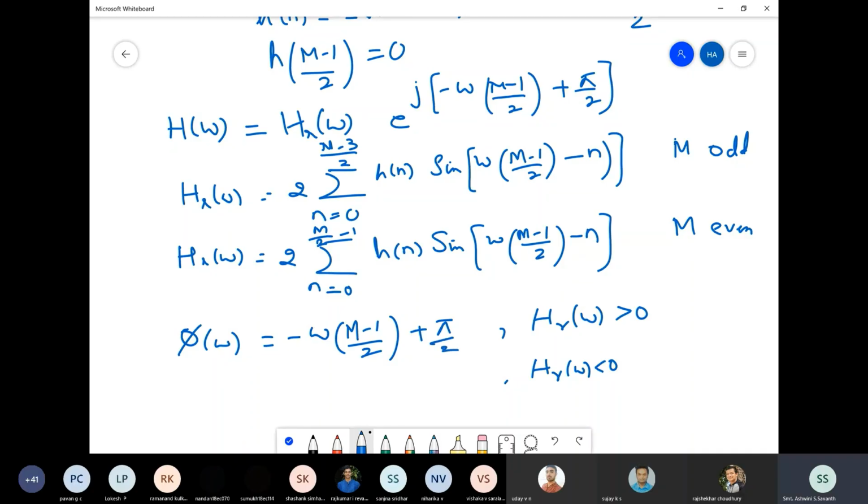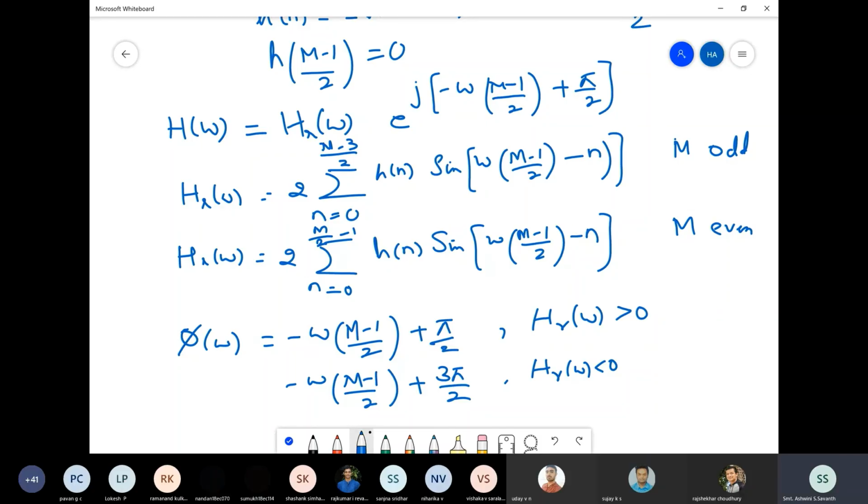You're going to obtain this expression when you derive the equation. So if it is negative, there will be a plus pi, so that becomes 3 pi by 2. When H_R of omega is negative, it is plus 3 pi by 2. That will be the phase response for an anti-symmetric filter.